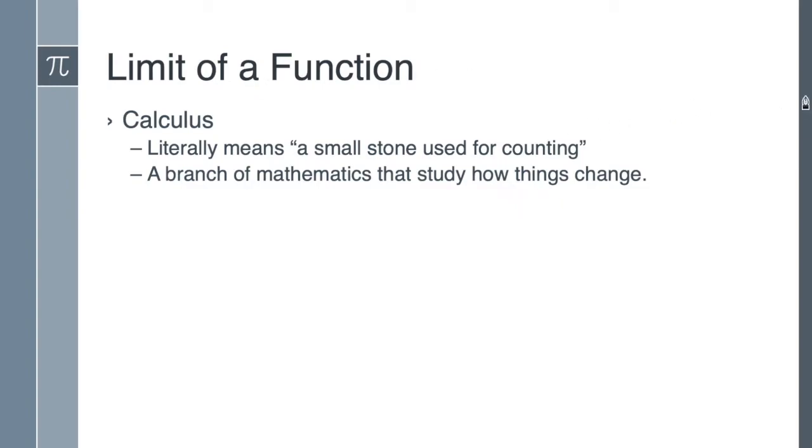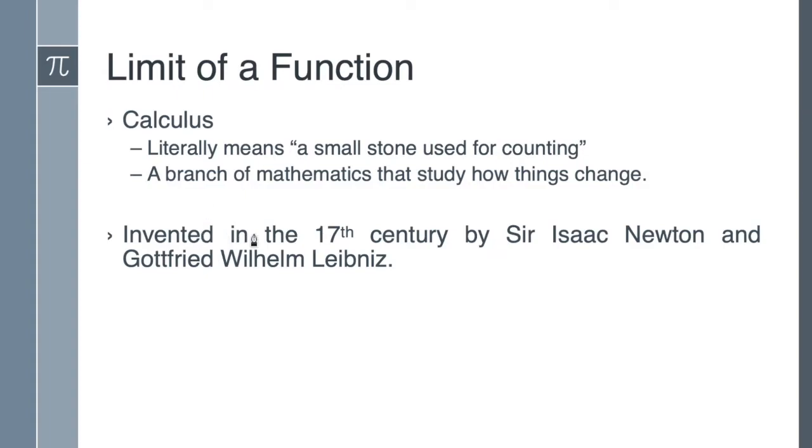Next, it was invented in the 17th century by, of course, there is still dispute until now about who discovered calculus. There is a sort of truce, shall we say, that it was discovered by both Sir Isaac Newton and Gottfried Wilhelm Leibniz.